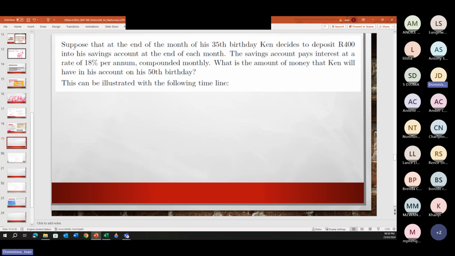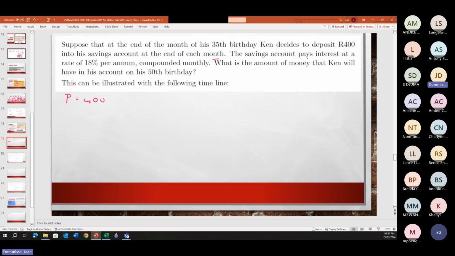So let's quickly read through this and see what they are giving us and what we need to add to it. So suppose that at the end of the month of his 31st birthday, Ken decides to deposit 400 into his savings account at the end of each month. Okay, so we know that he's making a monthly payment of 400 Rand.